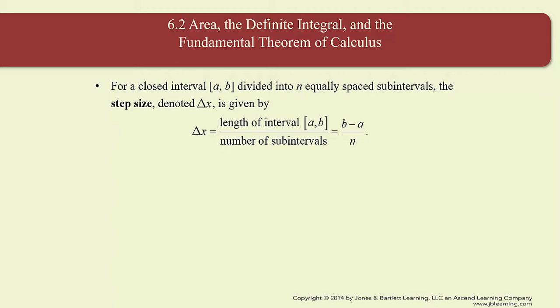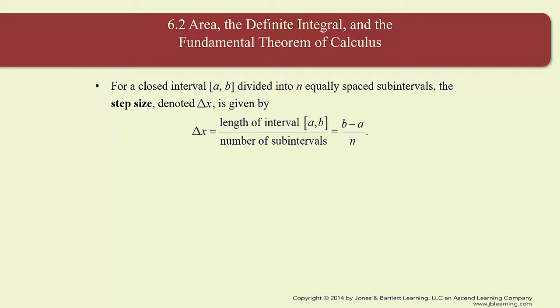Well, that has a length of 8 units. 9 minus 1 is 8. And let's say we wanted to put in 16 subintervals. So n would be 16. So we'd have 8 over 16, which is 1/2. So if you have 16 subintervals in an interval that has a length of 8, each one would measure a delta x value of 1/2, and that's what the step size is.